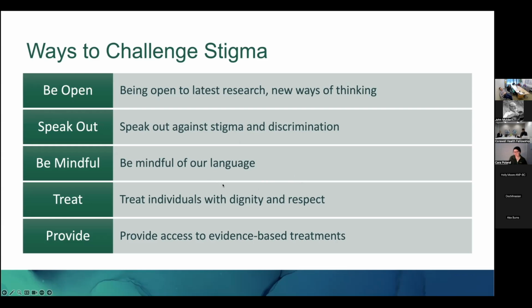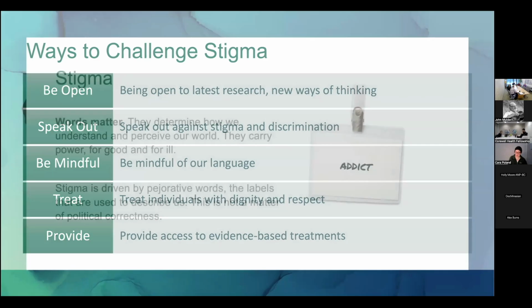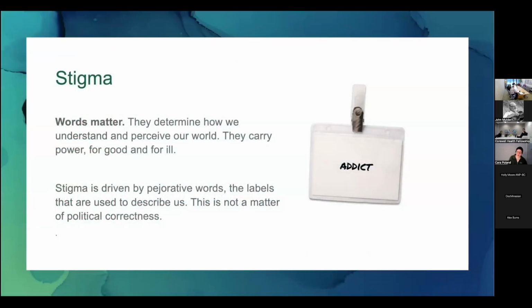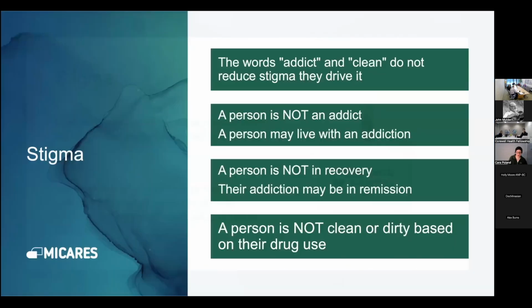We also know that from a community standpoint, when we use the words substance use disorder versus substance abuse, the public is more likely to think somebody with a substance use disorder is deserving of treatment and will benefit from treatment. That's really what I'm talking about here. These are some more words. People are not addicts. A person may live with addiction, right?